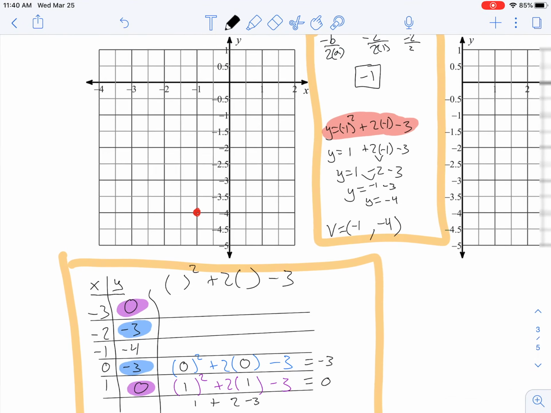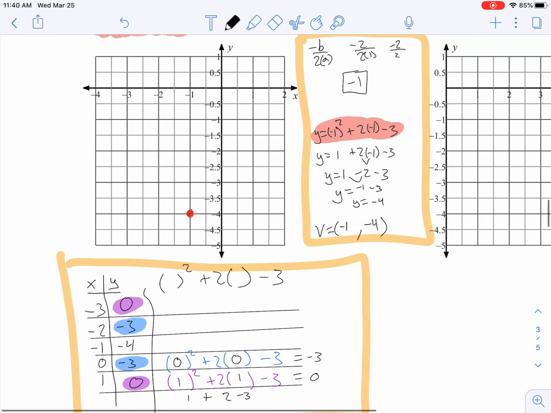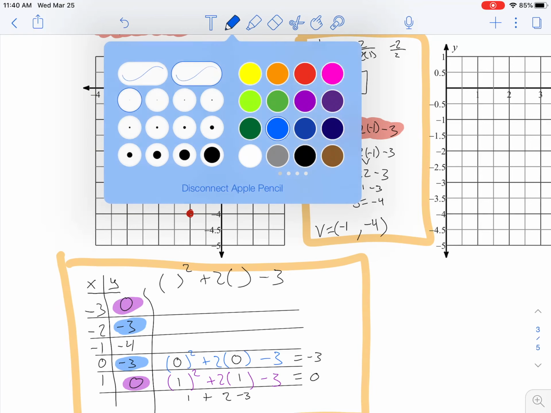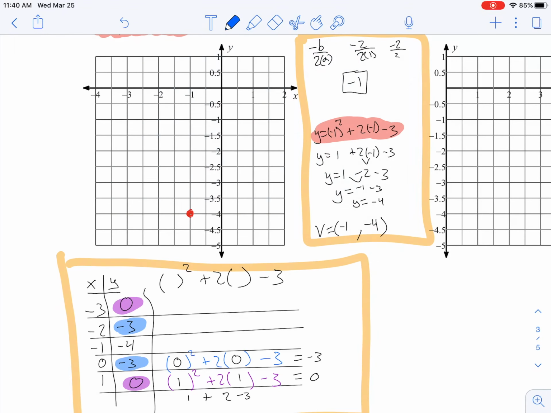So we're going to take a look at our graph here. I have my vertex point down. I'll use blue for 0, negative 3. So if I go 0 left and right, down 3, I'm going to land right here at negative 3.